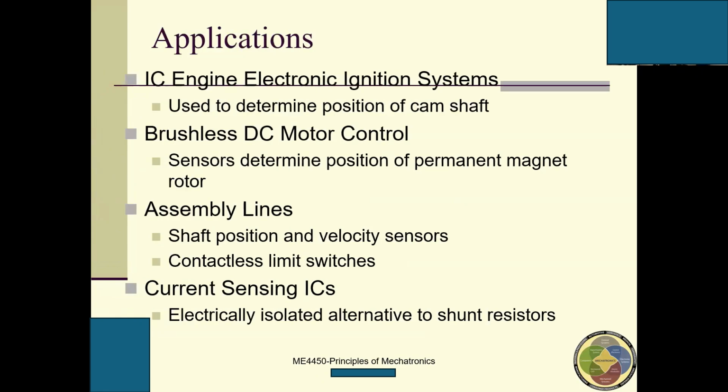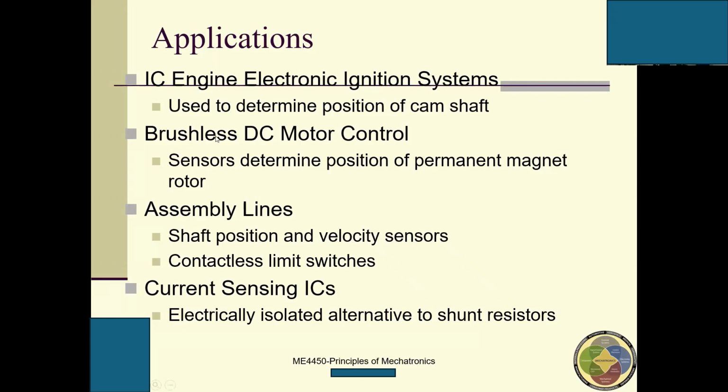So applications of Hall effect sensors. The first one is engine electronic ignition system, used to determine the position of the camshaft. And brushless DC motor control. We are going to talk about this one in detail as one of the most important.